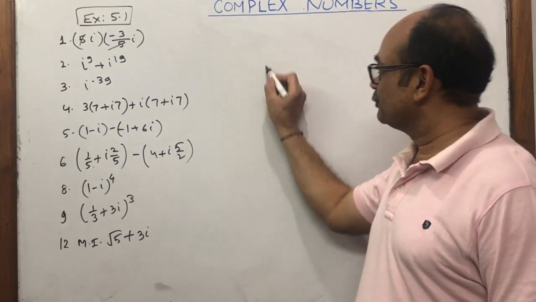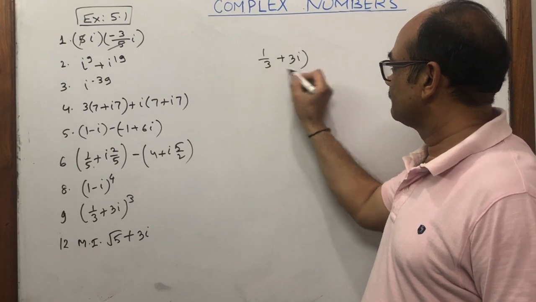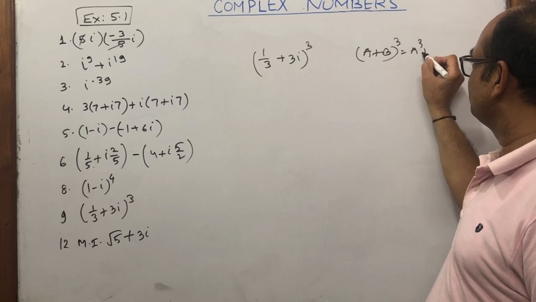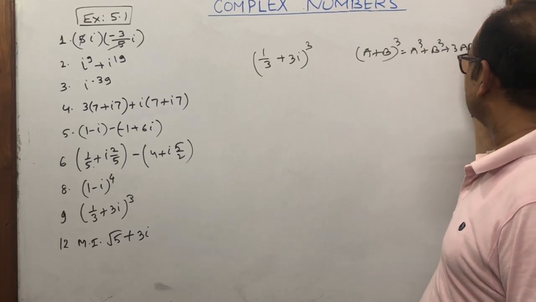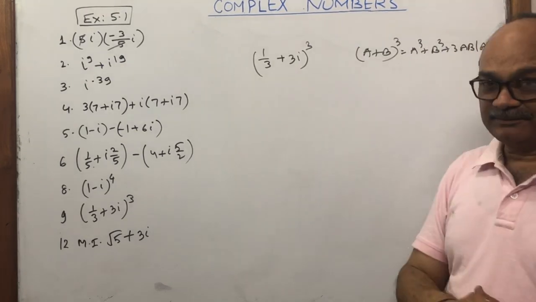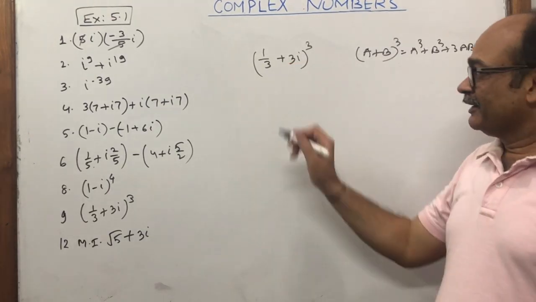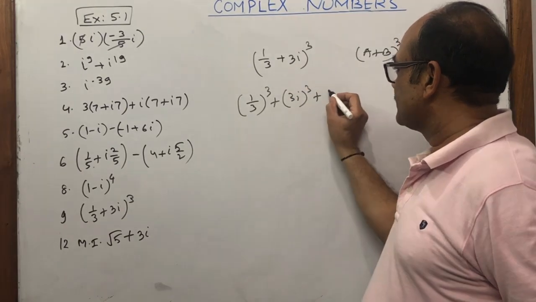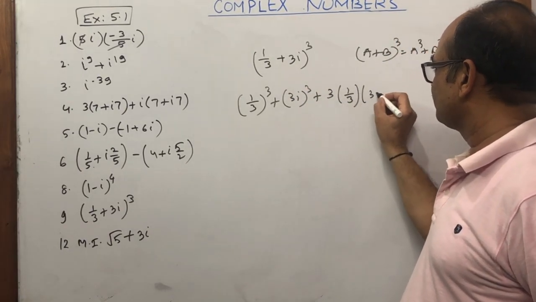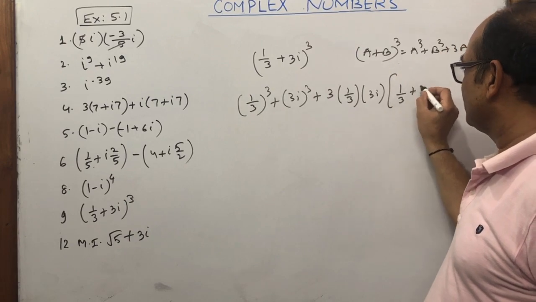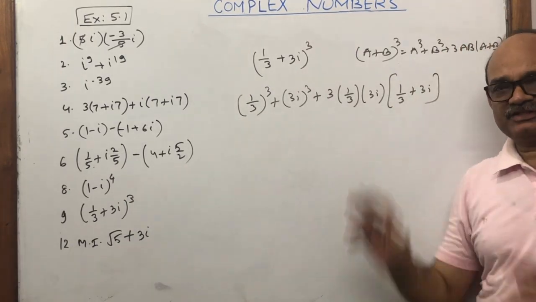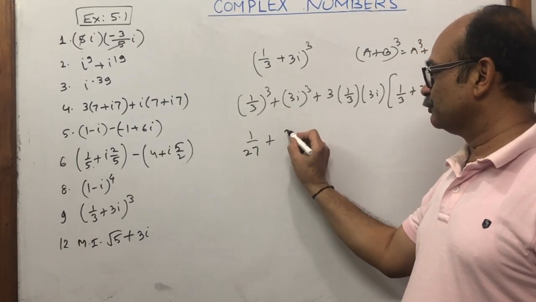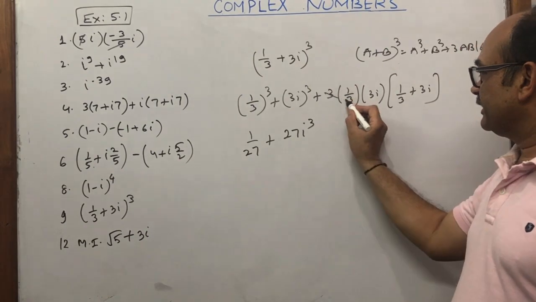Next is whole cube. What is the formula of a plus b whole cube? Just revise. A cube plus b cube plus 3ab bracket a plus b. Apply the same formula here. First write the formula. A cube, b cube, 3ab bracket a plus b. 3 and 3.